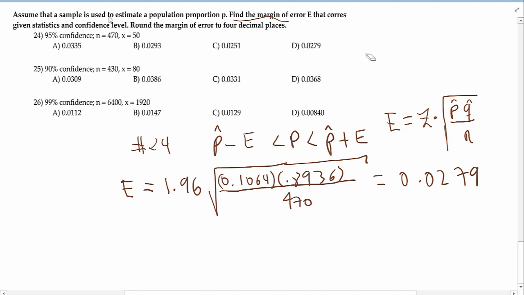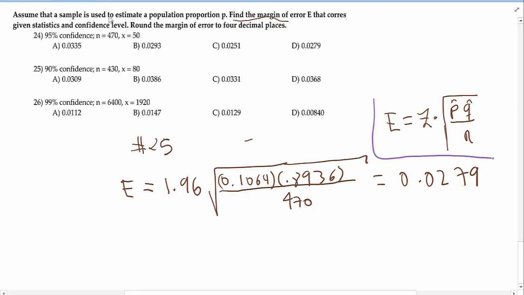In number 25, we are just going to calculate the margin of error. This is our formula right here. Let's begin with a different kind of calculation.